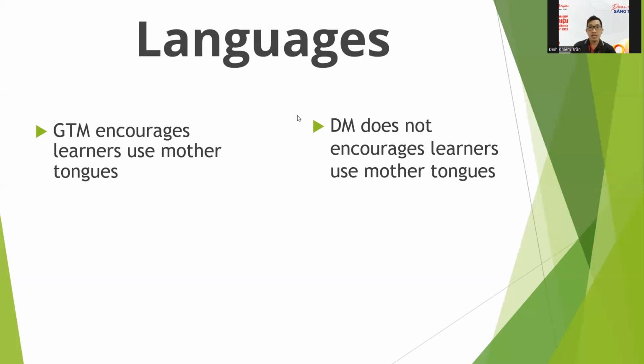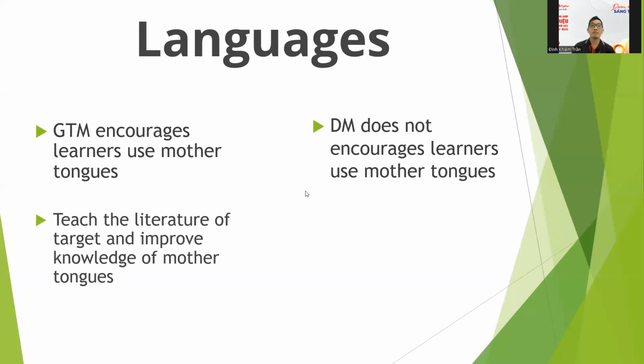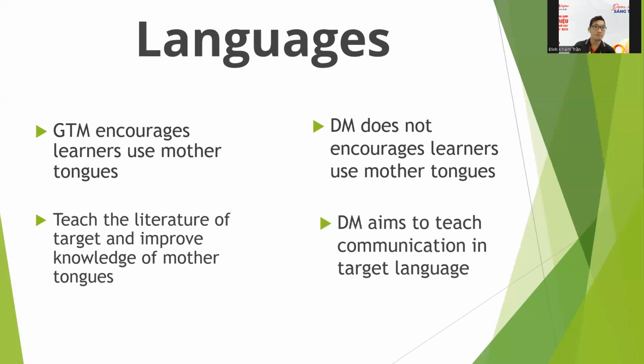And the next thing is, it will try to avoid the mother tongue. That means they just want to use English. For example, when we teach English, we will try to teach words by words. And another thing about the direct method, we aim to communicate in the target language.